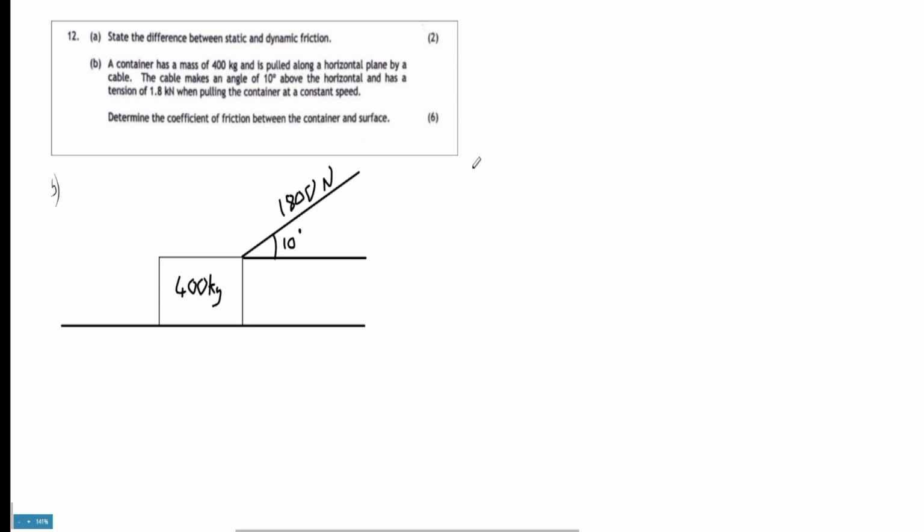What I want to do first is look at the forces pushing this thing down, so that'll be the vertical. And then I also want to look at the horizontal, which is the forces pushing it along. Horizontal. Great.